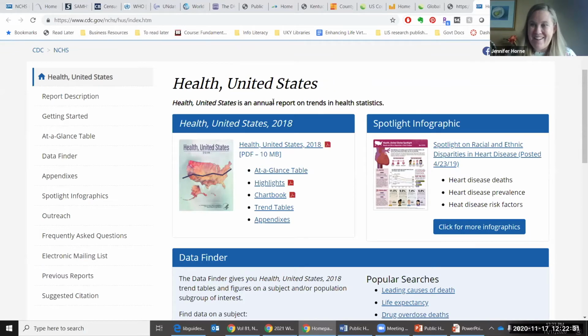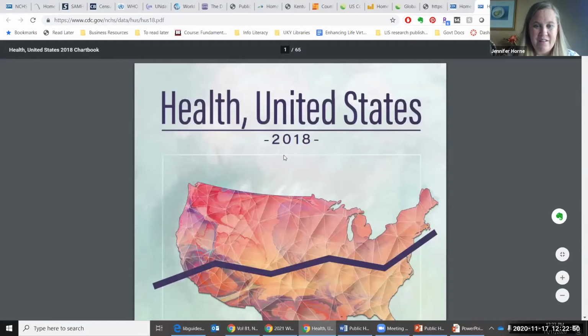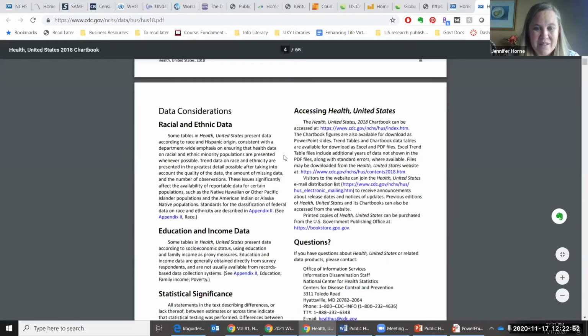I warned you that you might be frustrated that government publications are not more current, but I would imagine we could look to see exactly when 2018 came out, which would give you an idea of when to expect 2019. But this is a really comprehensive overview of the trends that they've identified from statistics.